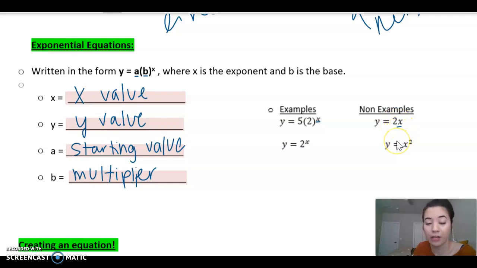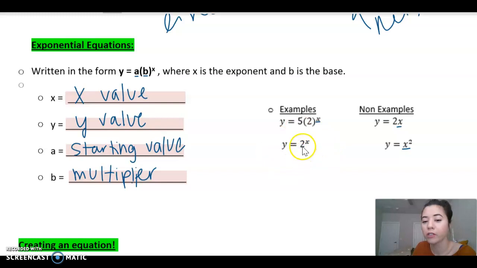X is down here, not as an exponent. This is actually a linear equation. We could say 2x plus 0, 2 is the slope. And then this one, again, is non-exponential because the x is down in my base and not in the exponent. So the 2 and the x would need to switch places in order for this to be exponential.